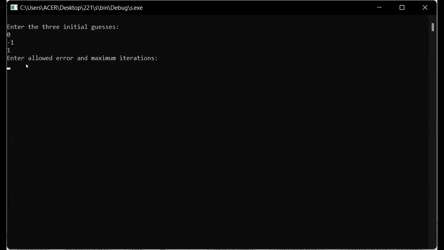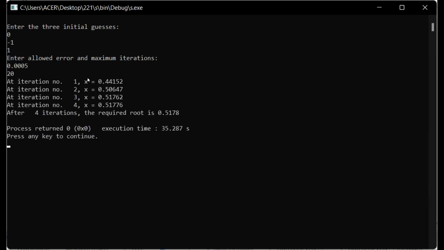So here, enter allowed error and maximum iteration. So here I wanna try 0.005 and maximum iterations, I'm gonna try 20.